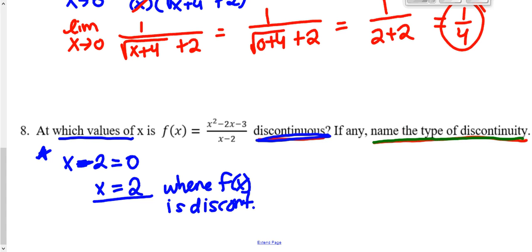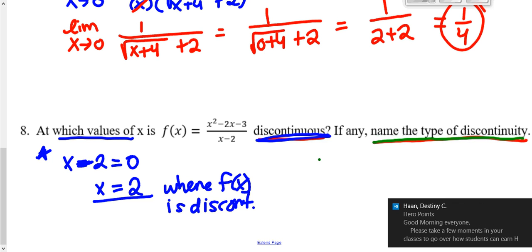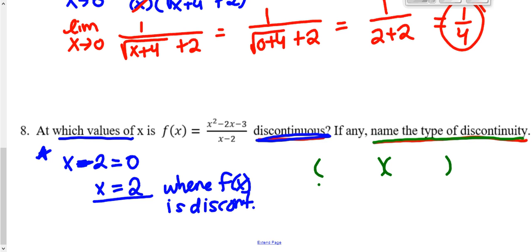Okay, well, in this case, if we can factor the top, and cancel out the factor that's on the bottom, then it's removable. So type of discontinuity is always removable or not removable? That's the question we're asking.